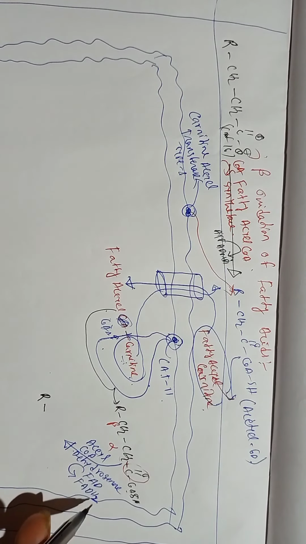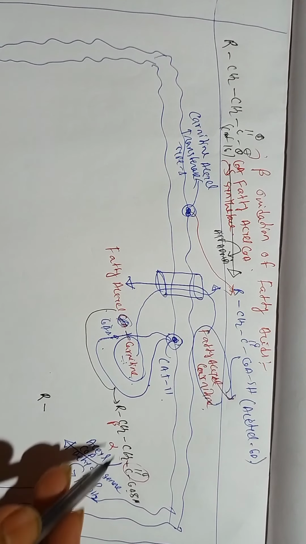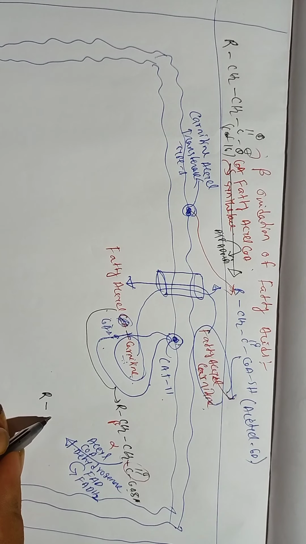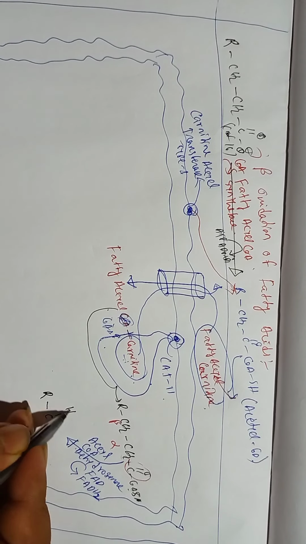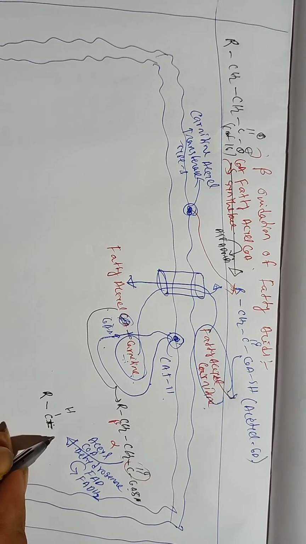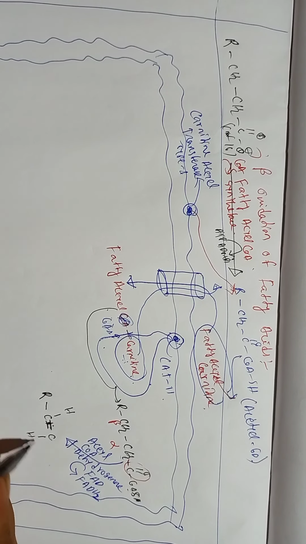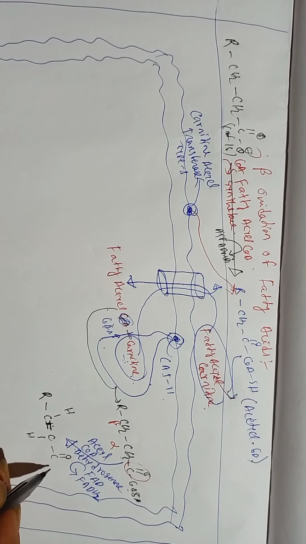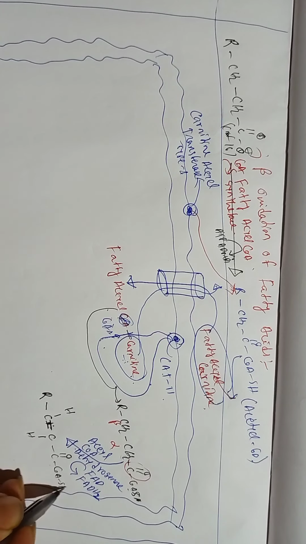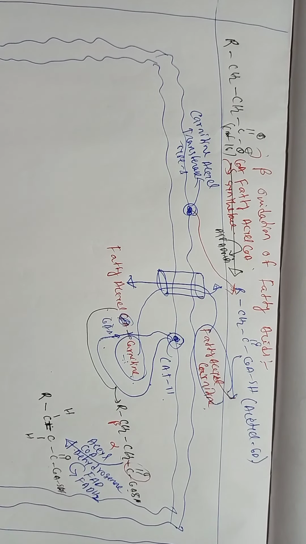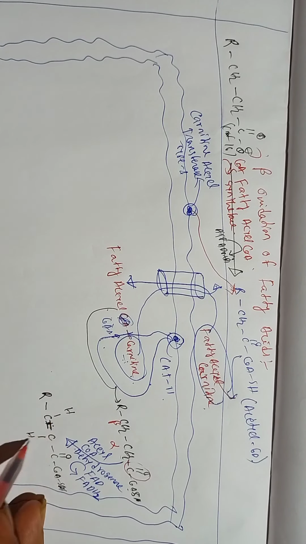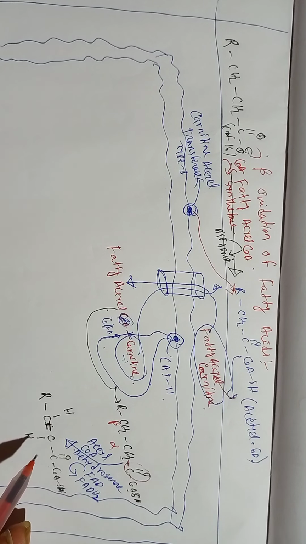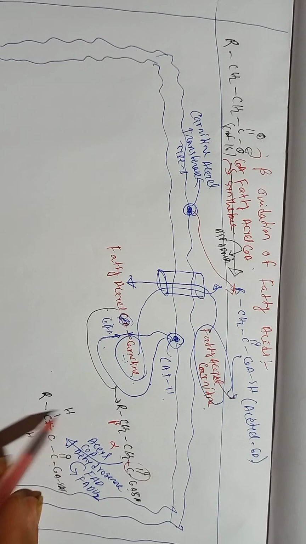So I'll get R, CH, double bond, CH, C double bond O, CoA SH. Now we have to name the compound. The two hydrogens are located on the opposite sides of each other, so you can say this is the trans compound, not cis.